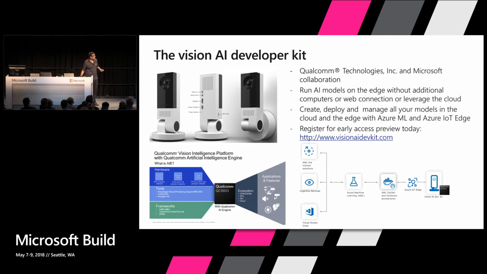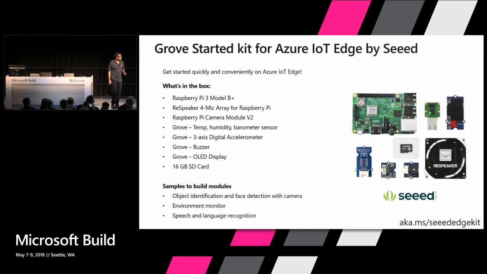Now, the other partnership I had shown is with Seed. This is really a dev kit, just to get you all started. Here is the dev kit, part of it, not all of it, just a few components here. The dev kit is Raspberry Pi 3 based. It's the same hardware that we test on. It has a bunch of sensors, including microphones and speakers and other sensors, so you can pick whatever you want to connect there.